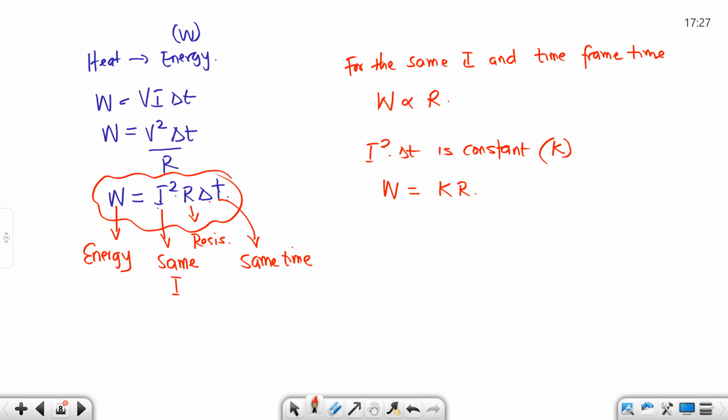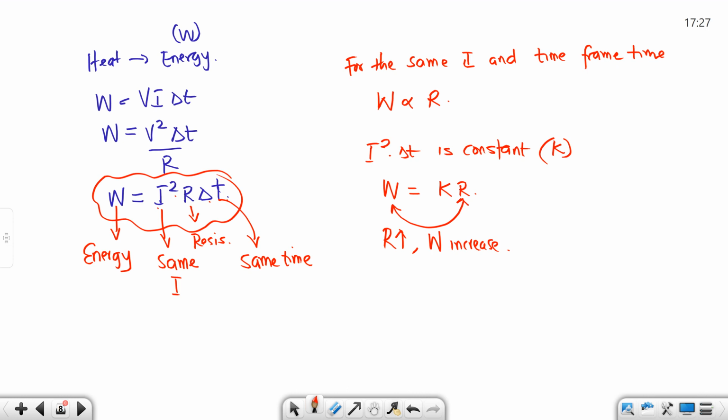What is the relationship between the two? As R increases, W will also what? Increase. They are directly proportional. When something is inverse, it's over. These ones are directly proportional. So I can make a conclusion.